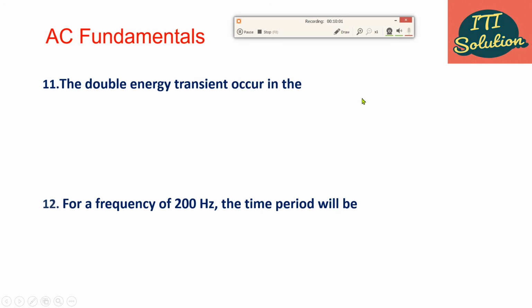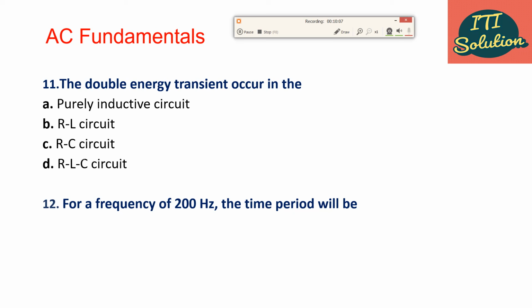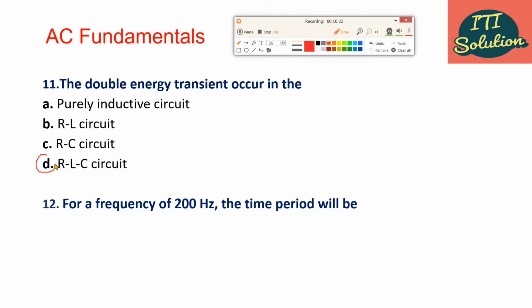Clear? Next question. The double energy transient occurs in option A purely inductive circuit, option B RL circuit, option C RC circuit, and option D RLC circuit. Correct answer is option D, RLC circuit.